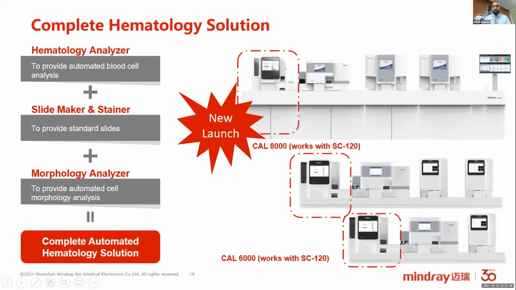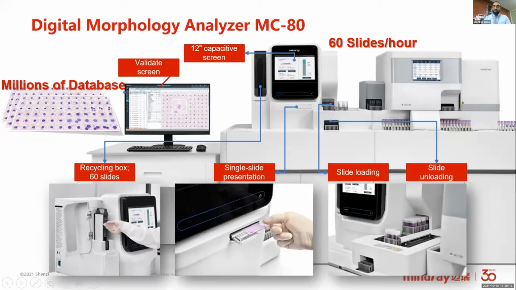MC18. So here now you can see we can add this new product with CAL 8000 or CAL 6000, or only a CAL 6000 with 1 hematology analyzer, the slide maker, and the digital morphology analyzer. This is only used with the slide maker. And now with this product that we call MC18, we can have a throughput of around 16 slides per hour.